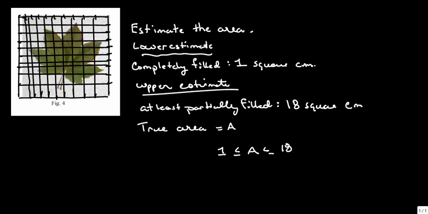Again, we could go through here and count all of the boxes that are completely filled by the leaf. Let me put those in blue here. This one, that one's close, we'll give it to it.